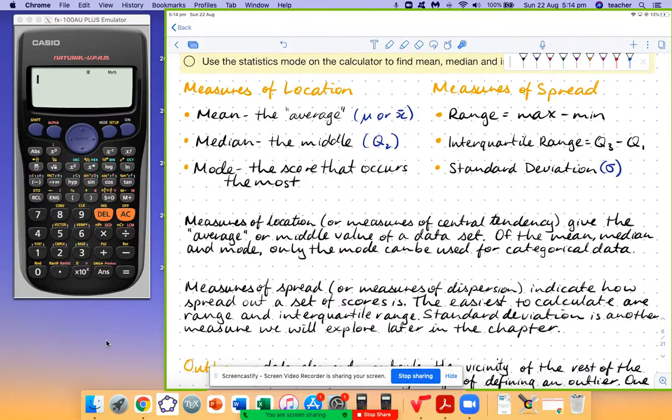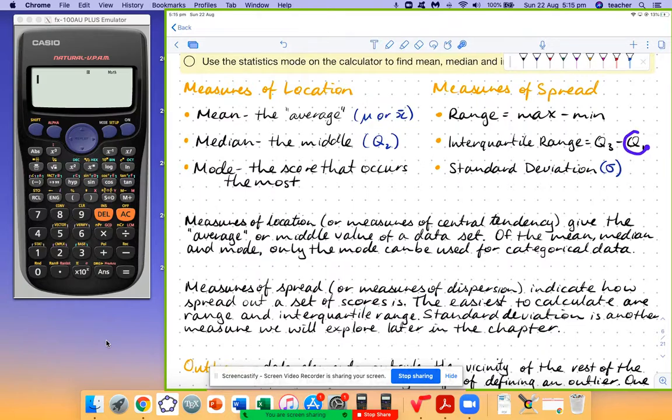What we've also got are measures of spread. So for spread, we can look at range. Range is just your highest value minus your lowest value. We have interquartile range, where we take Q3 and Q1. Remember, Q2 was the middle of this data, when we split data into quarters.